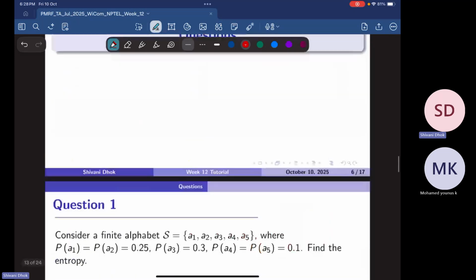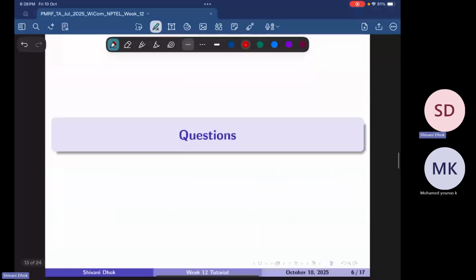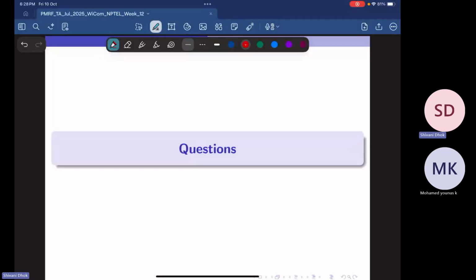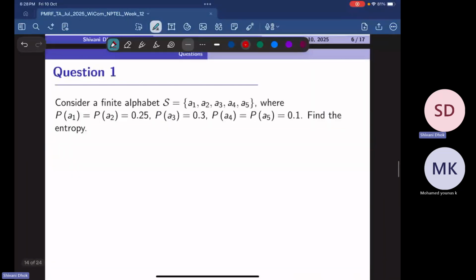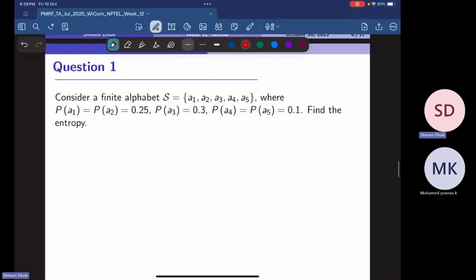Okay, if there are no questions, then let me move on to the questions that I have planned to cover today. Some questions will be similar to what is there in your assignment, and some questions are conceptual for your better understanding of MIMO and basic information theoretic aspects.